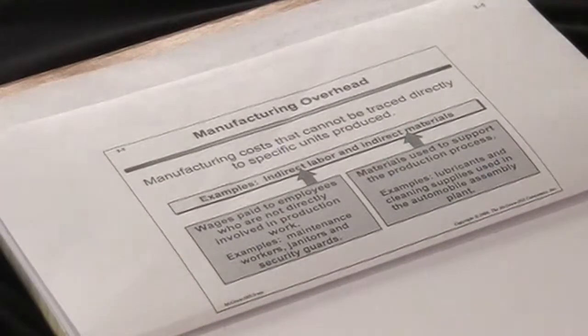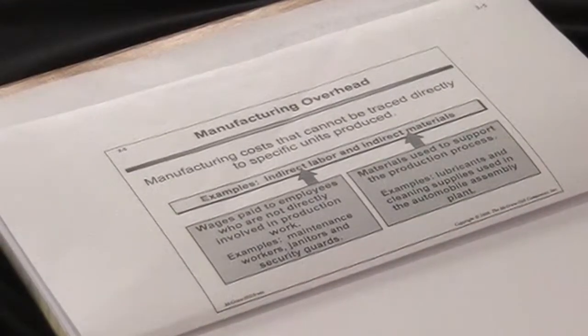The last component, and frankly the one that sometimes gives students like you a bit more of a problem, is the concept of overhead, specifically manufacturing overhead. Now let's just assume for a moment that the room you're sitting in is the room where we make things. We convert raw material into a product. Let's say we make iPhones. Well, you need the lights on.